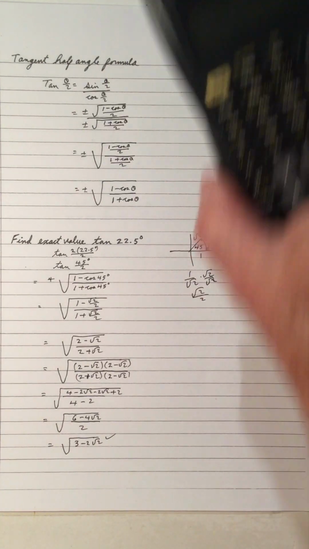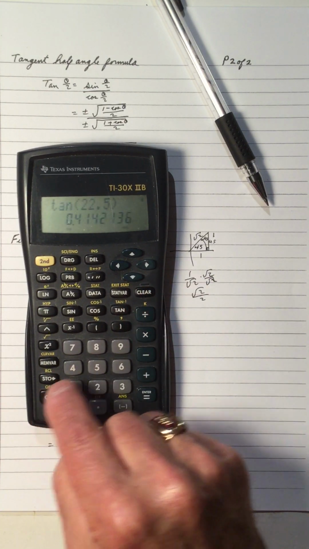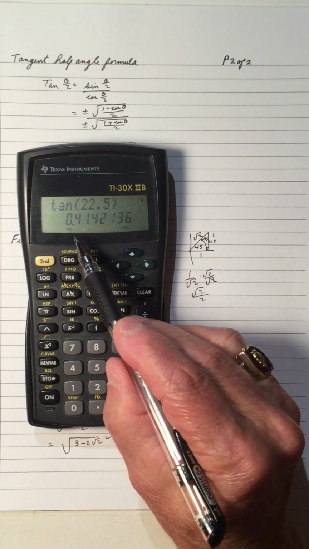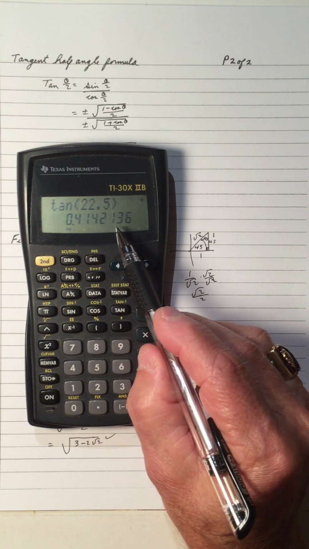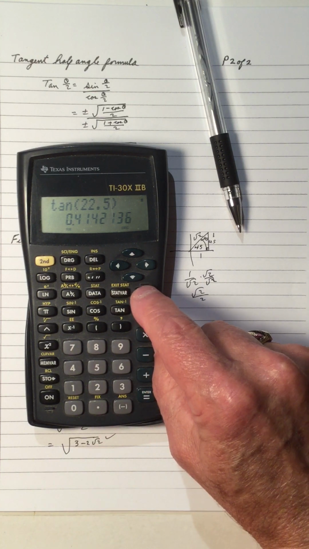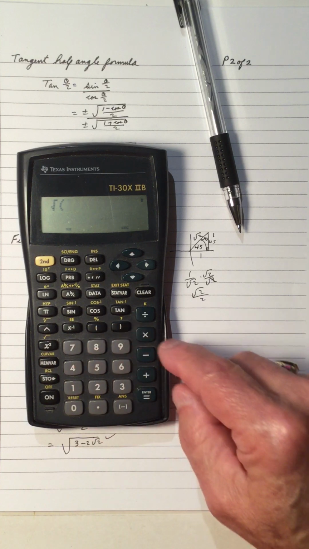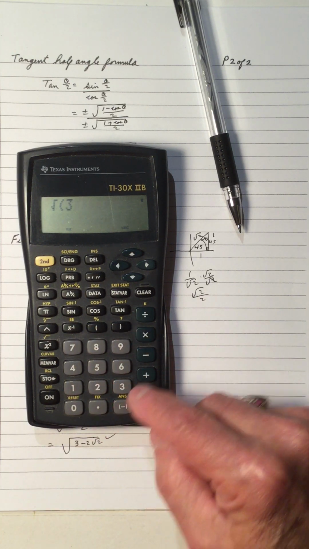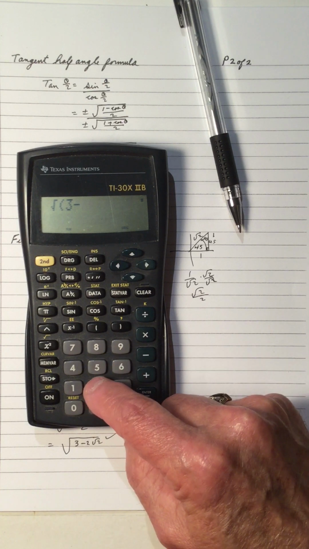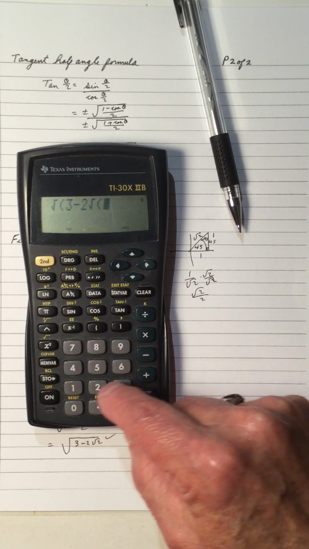And just to go back to that now, the tan of 22.5 is the decimal 0.414236. So let's just check to see if we're right. So I have to do the square root. There's a square root of 3. That's a subtract sign. Subtract 2, and I got to do the square root again, and that's a 2.